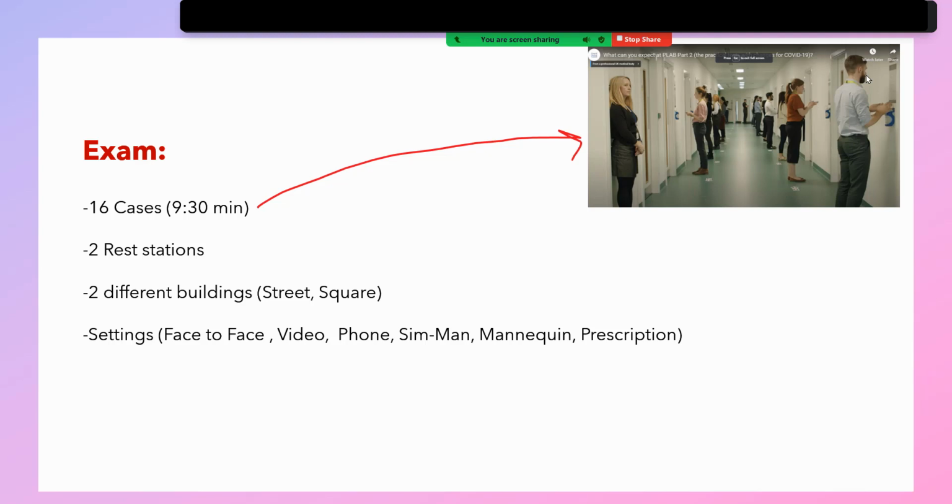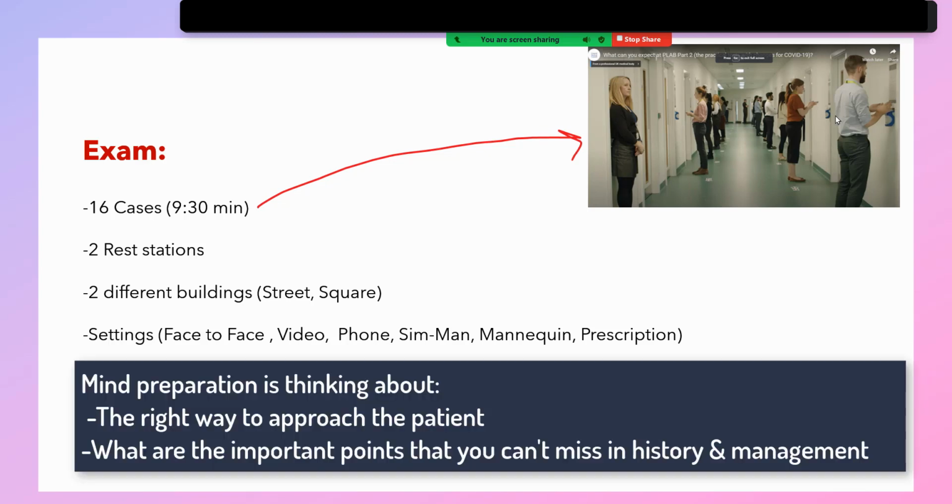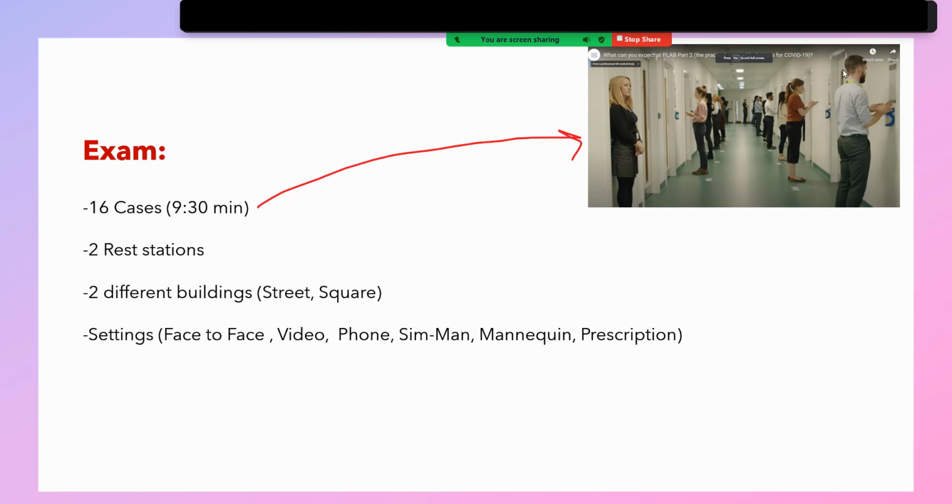So in the 1.5 minutes, you will read the question. The question will be on the wall. You will read the question and prepare your mind, and then you enter the cubicle in this room. Alright? In the room, you will spend 8 minutes to do the case. So each case is 9.5 minutes. In between the 16 cases, you will have 2 rest stations.